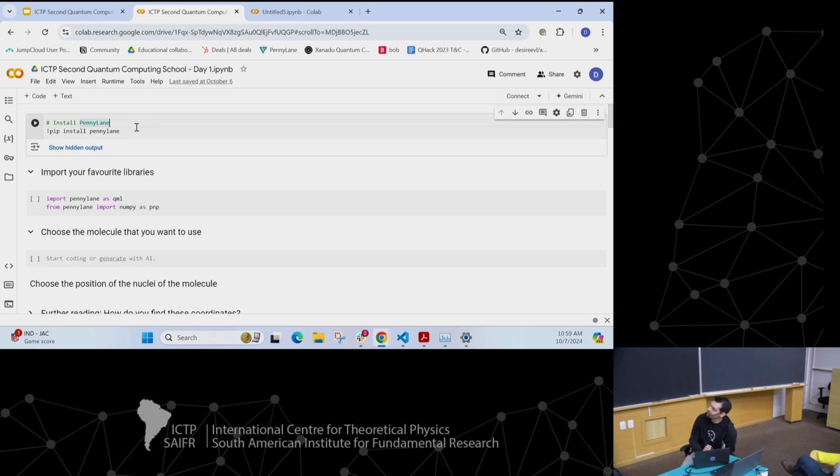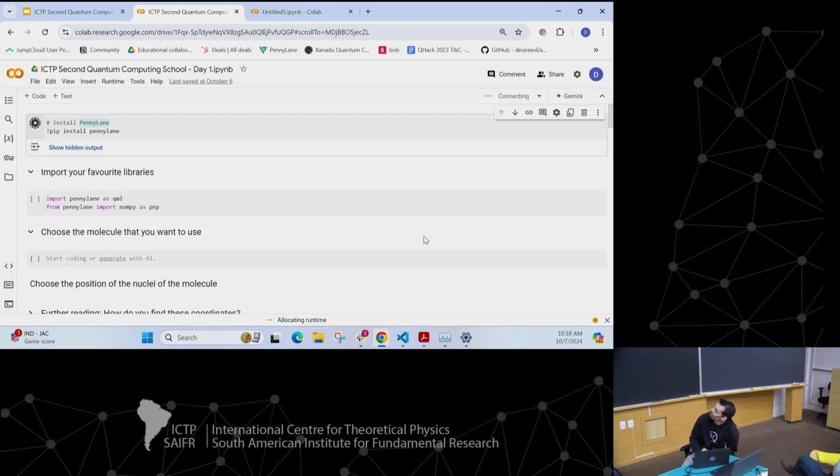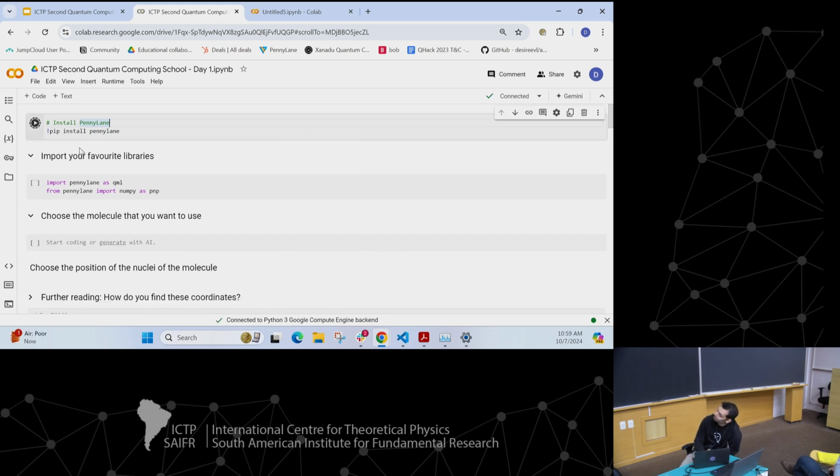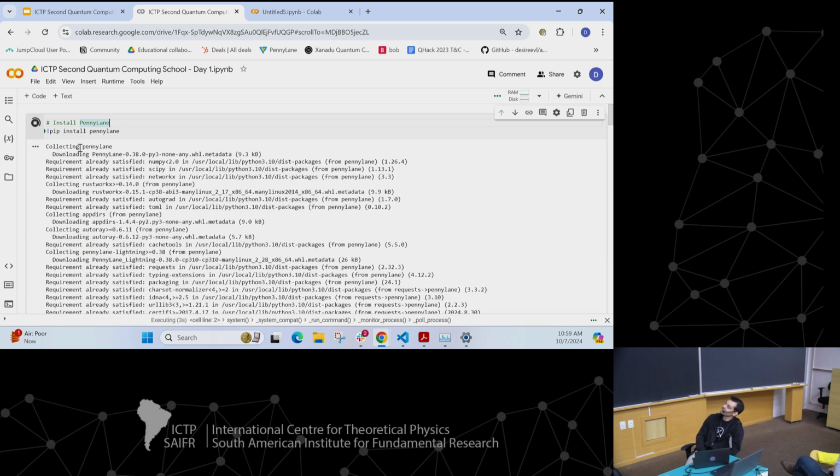So the first step is we're going to run this first line. You're going to just say run anyway. And this is going to install PennyLane on the servers that we're connecting to. It'll take a few seconds. And you should start seeing a series of lines like this.